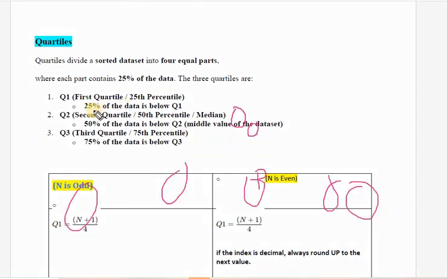First quartile means 25% of the data is below Q1, which we will see how to find shortly. Similarly, 50% of data falls below Q2, and 75% of the data falls below Q3.